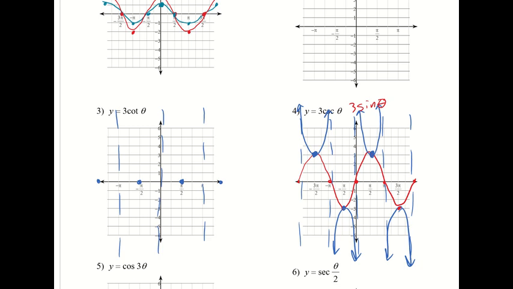3 cotangent of theta, this 3 deals with this slope, except that cotangent decreases. So we're going to have this slope between the middle and the next point, so it's going to decrease like this.